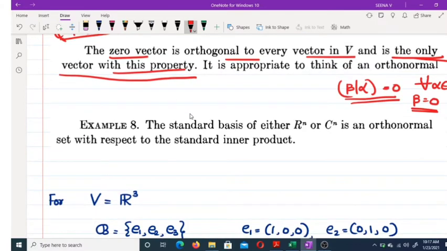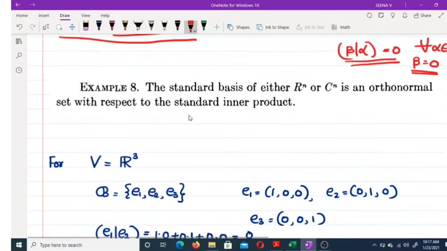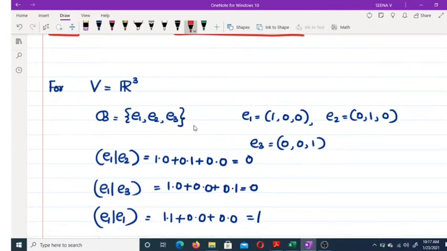Now, one example of an orthonormal set: the standard basis of either Rn or Cn is an orthonormal set. It is orthogonal, and also norm of Ei equals 1 for every Ei. For this, we consider the particular case V equal to R3 or C3. E1, E2, E3 is the standard basis.